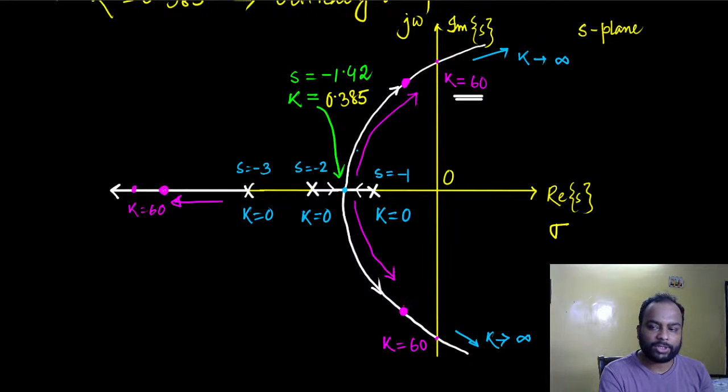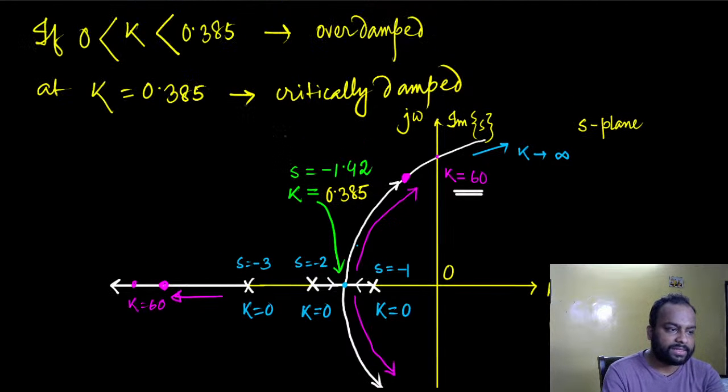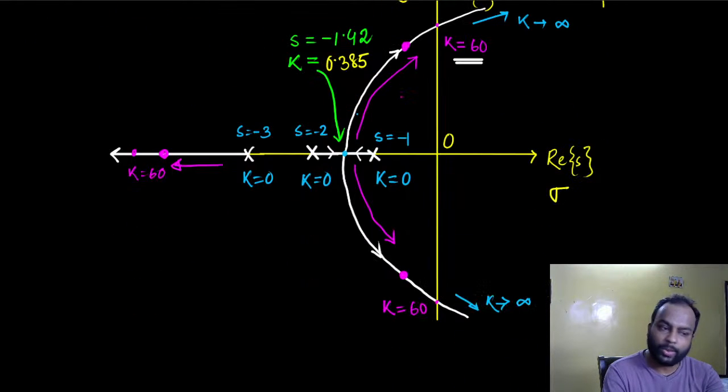So we would have a complex conjugate pole pair on the left half plane and one pole on the real axis on the left half plane. Under this condition, the system would behave like an underdamped system. Essentially anywhere between k equal to 0.385 and k equal to 60, the system is underdamped. We can say that pretty easily, since we have a complex conjugate pole pair on the left half plane that makes the system underdamped.